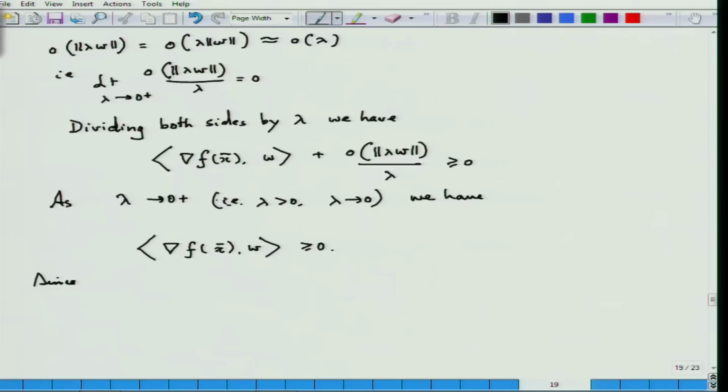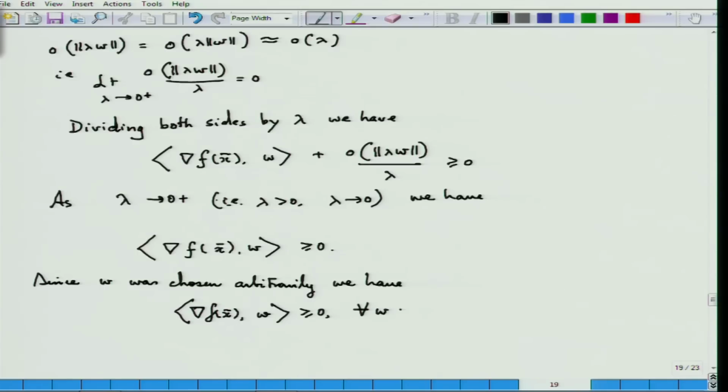Since w was chosen arbitrarily, we have this for all w element of Rn.